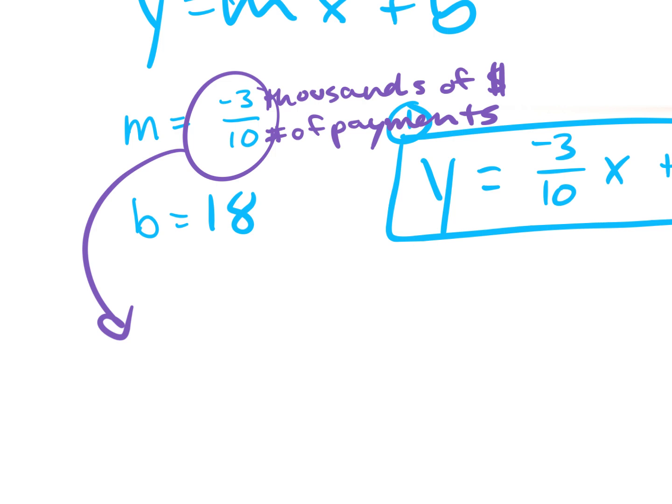So we have -3 divided by 10. And 10 doesn't go into -3, so we need to add a decimal point. 10 goes into -30 -3 times, -0.3 times.